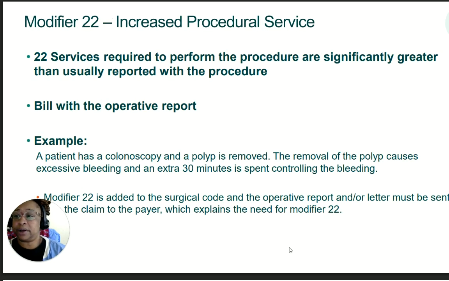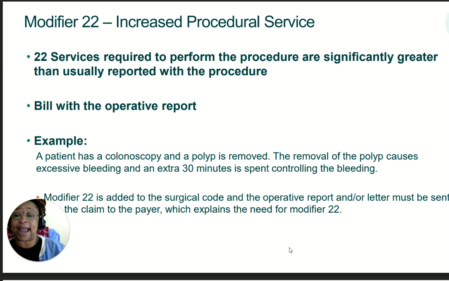22 modifier. This is an example. A patient had a colposcopy and a polyp is removed. The removal of the polyp caused excessive bleeding and an extra 30 minutes is spent controlling the bleeding.